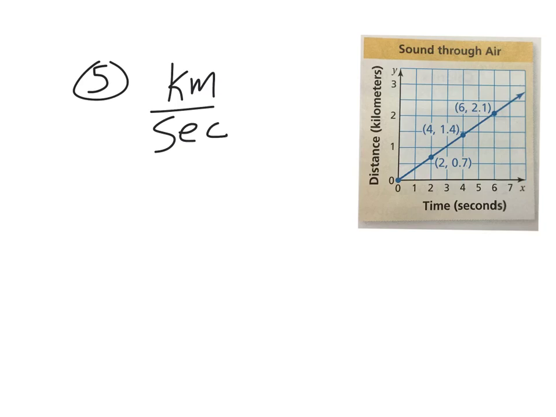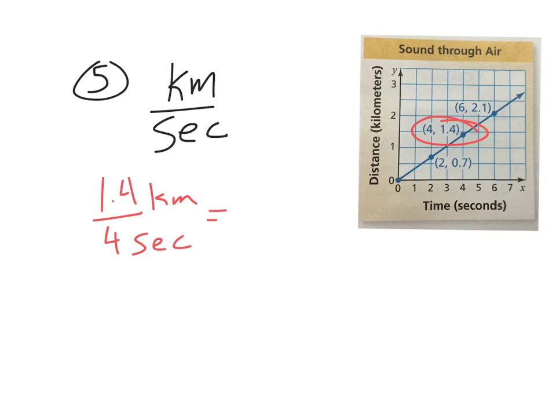We have to look at the graph. We pick one of the points. Does it matter which point we pick? No, because it's a constant straight line. Kilometers goes on top, so 1.4 kilometers over 4 seconds.